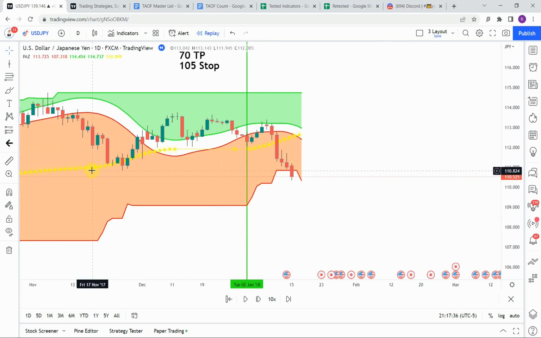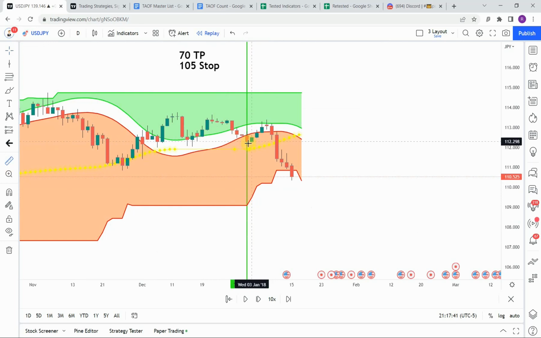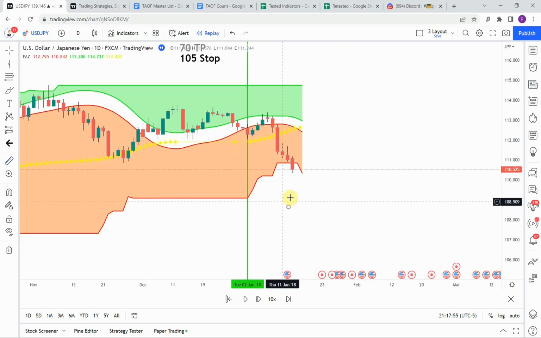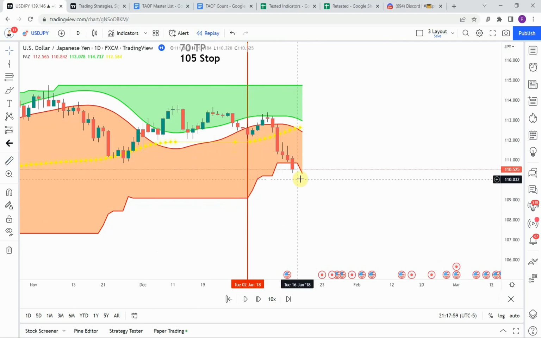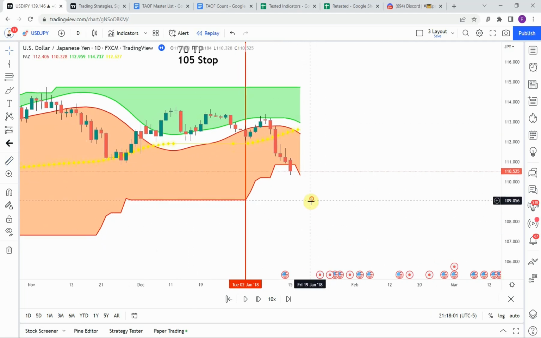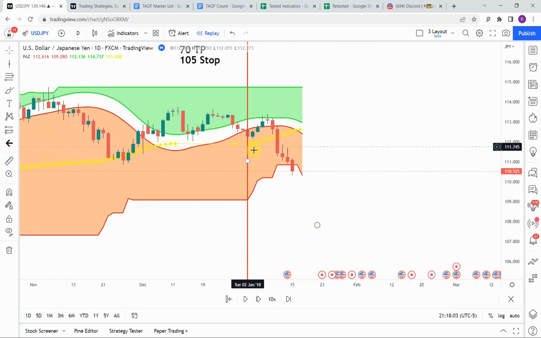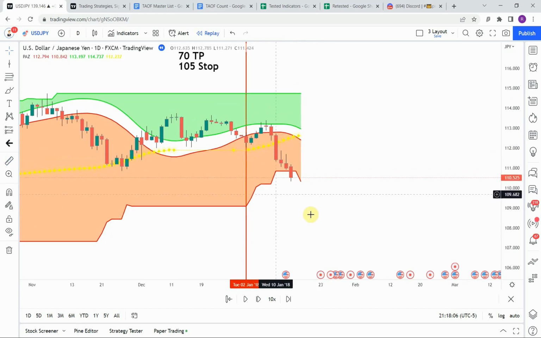All right, so the first signal that we pick up is a short signal right here as we get a break into this orange red zone and a close within it. We get a pullback here and it looks like it pulls back just far enough to stop us out on this one before it then rolls over and pushes down in the direction we wanted it to go in the first place.